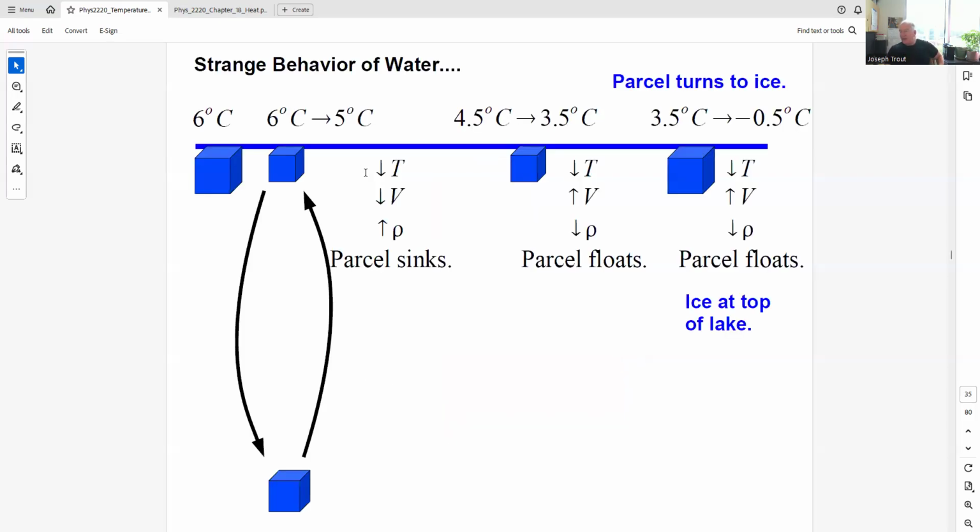So that means that when it cools from 4.5 to 3.5, the volume increases and the density decreases and it floats. And then as it freezes, it'll stay at the top of the lake. This is great for fish and things because they can swim around down here without the lake being frozen and they don't get frozen into a block of ice.